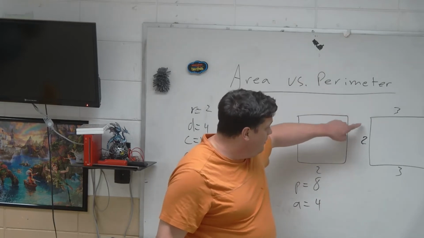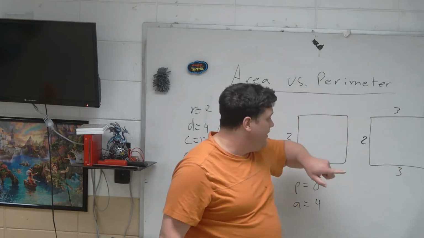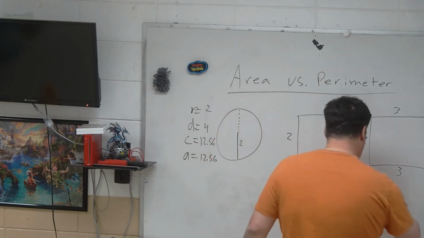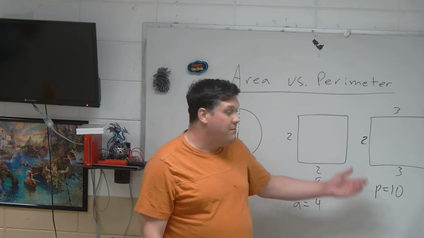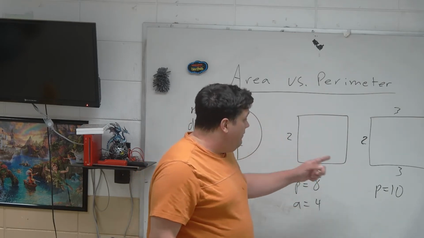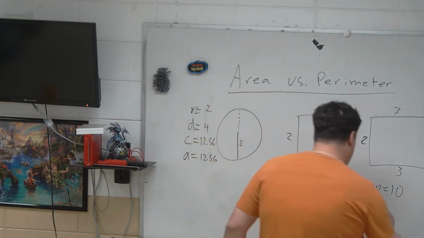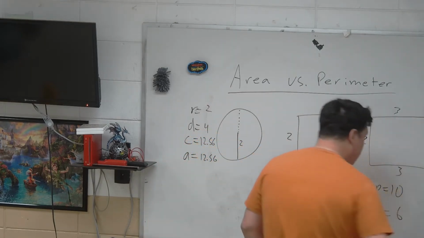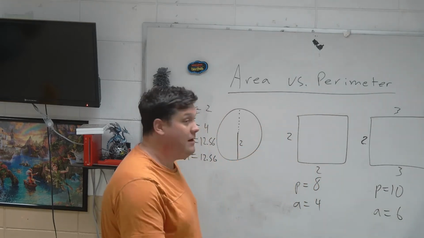If we're walking around the perimeter of this, we'd have 2 plus 3 plus 2 plus 3, which is 10. Perimeter equals 10 units. It could be 10 meters, it could be 10 miles, 10 of whatever. And if we're looking for area, that would be length times width, which is 2 times 3, which is 6. 6 square units. It could be 6 square miles or 6 square meters or whatever.